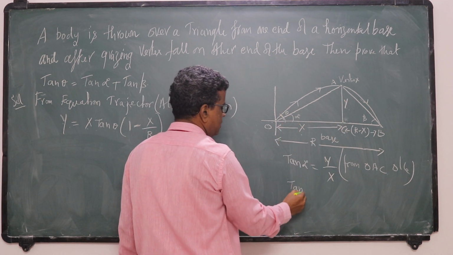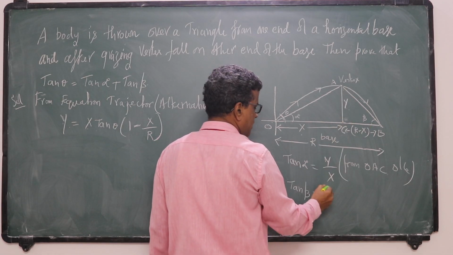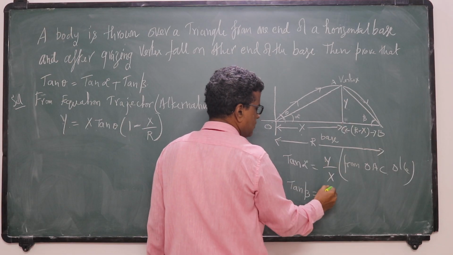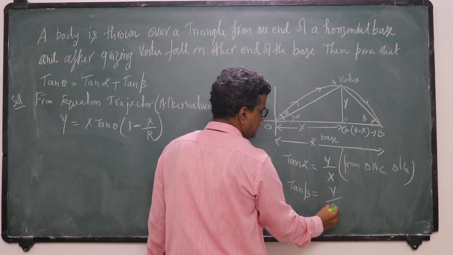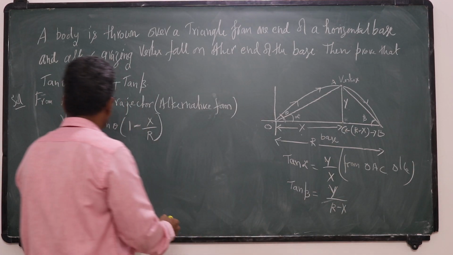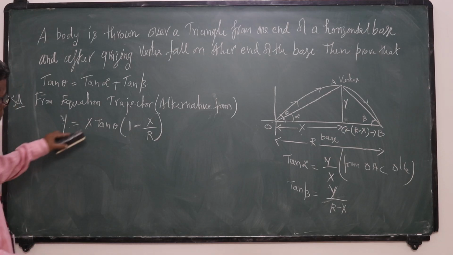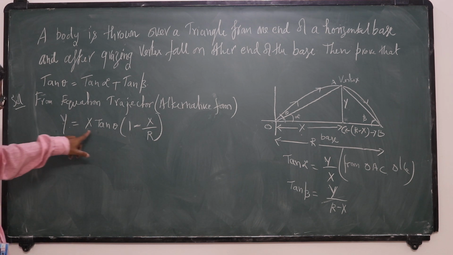What is tan beta? Tan beta is y by r minus x. So you have to prove this: instead of y by x, we can take tan alpha, and tan beta is y by r minus x.